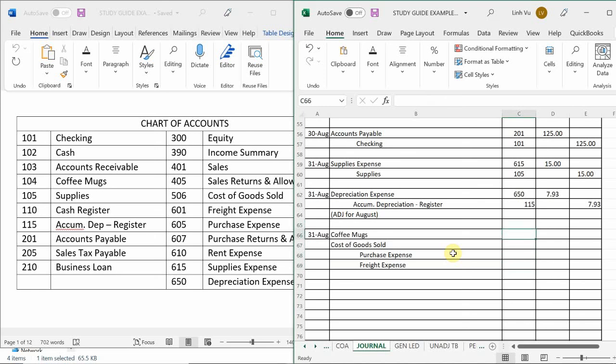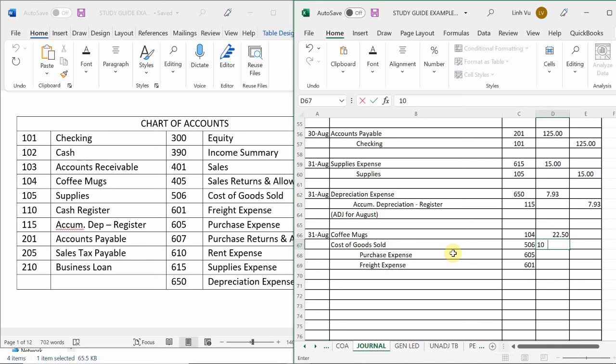Okay. Coffee mugs account is account number 104. Cost of goods sold is account number 506. Purchase expense is account number 605. And freight expense is 601. Okay. So in this case, ending inventory was $22.50.